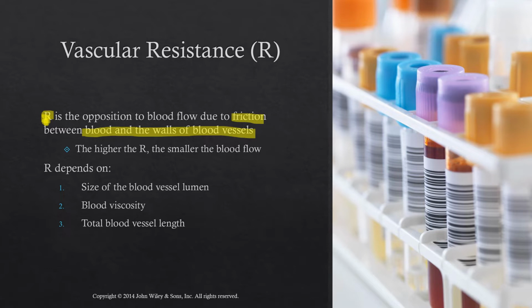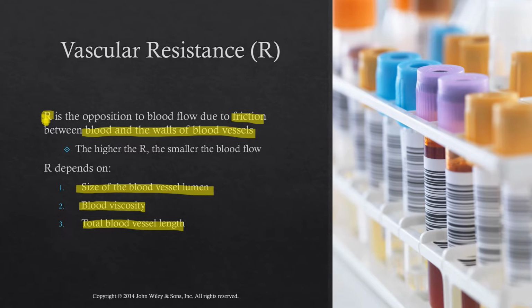Now, vascular resistance depends on three things. So first off, we have the blood vessel lumen and the size of the lumen. Next is the viscosity, or kind of the thickness and how well the fluid is able to flow. And then lastly is the blood vessel length.